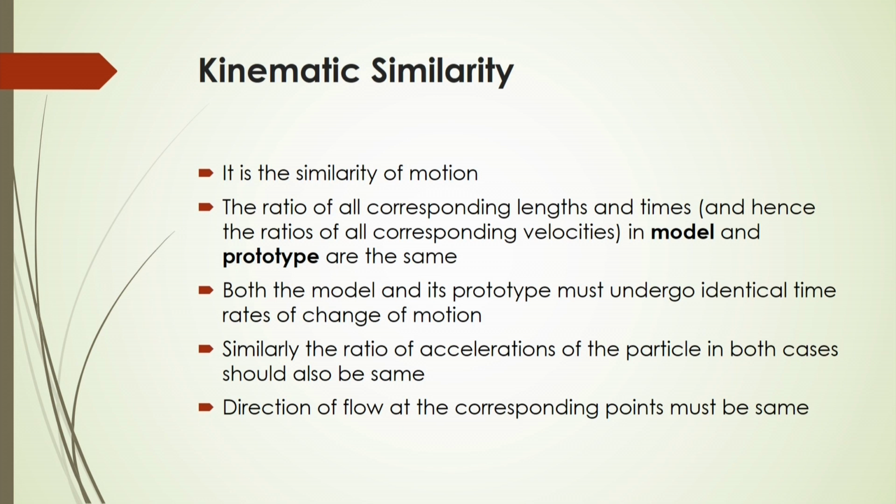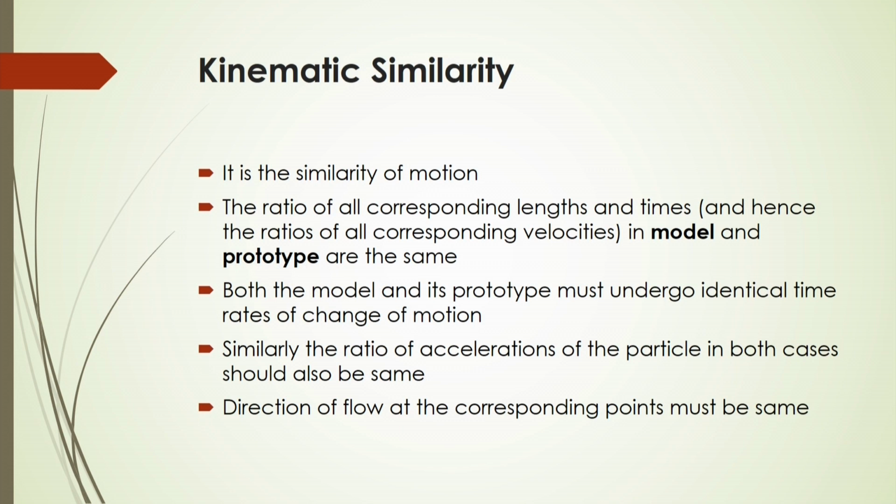Here, the similarity of accelerations of the particle in both cases should be maintained, and the ratio should be constant for that motion. You also have to consider the direction of the flow at the corresponding points, because you cannot compare the vertical and horizontal directions in the same way.